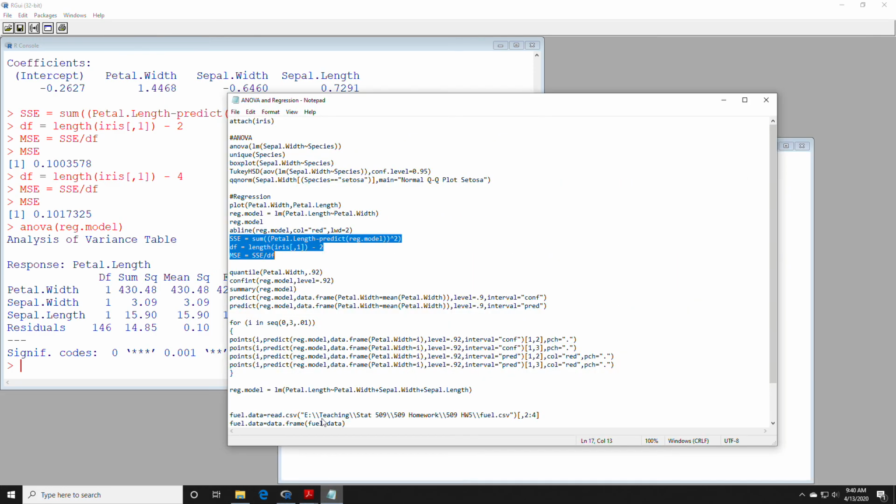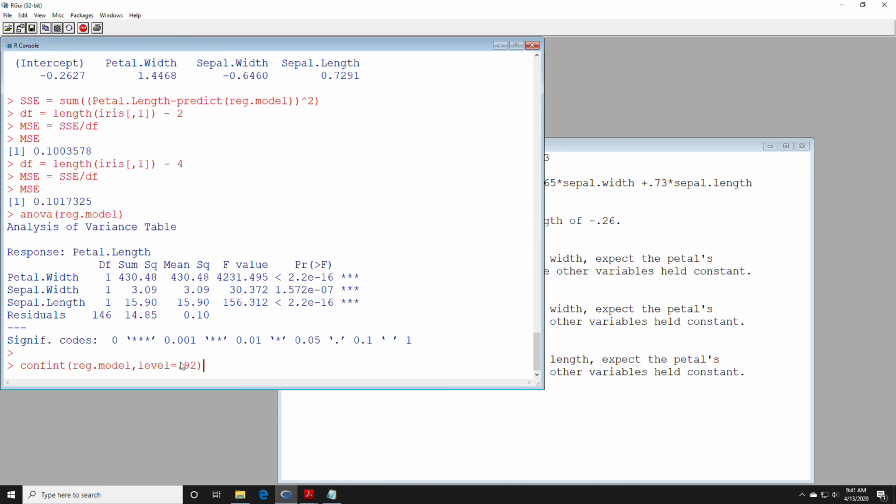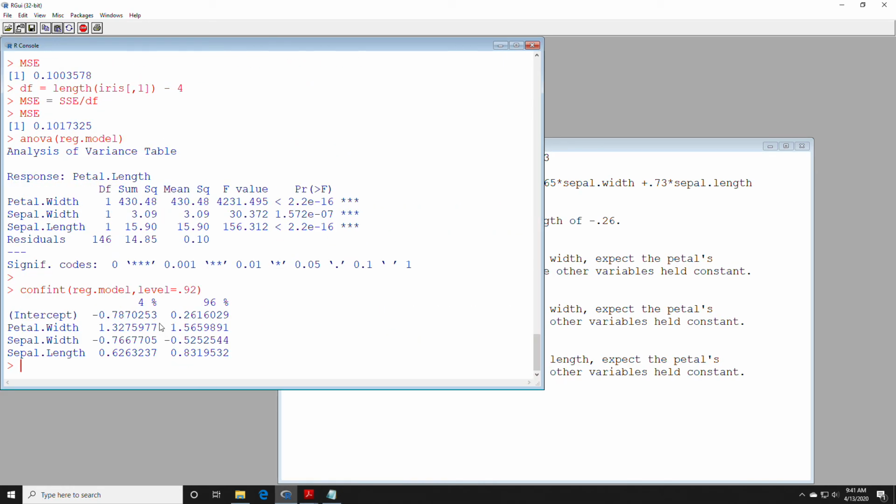All right, what else can we look at? We could look at confidence intervals for each of the parameters, right? And I'm not going to go through each of those, but the general gist is the exact same. So for example, I'll just take petal width.